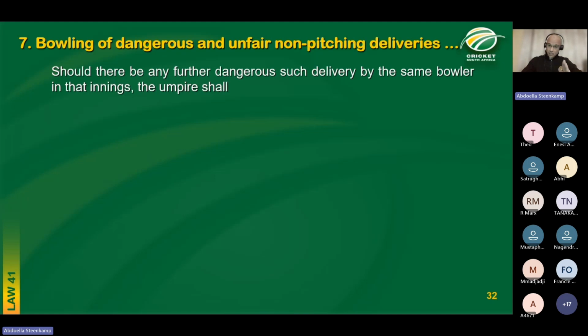Remember, this is now the second time in the innings that the bowler has bowled one above waist height, striker standing upright, and dangerous. You've already given the bowler a first and final warning.